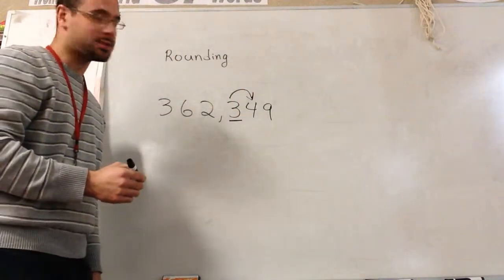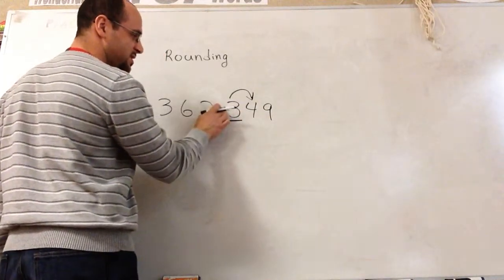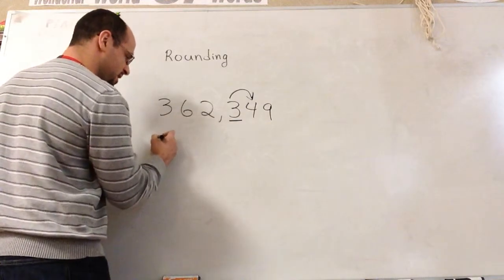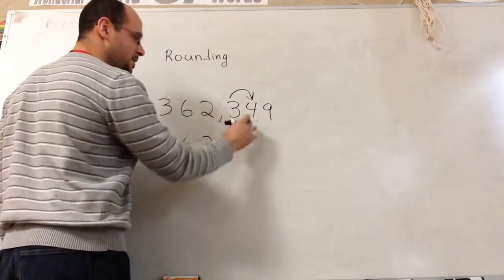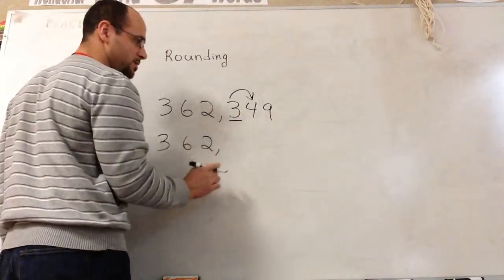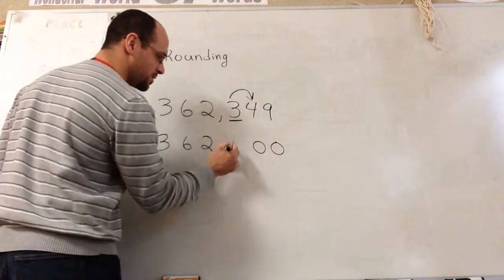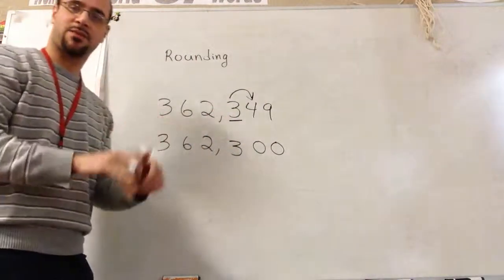See what the rule is. 4 or less, let it rest, which means this is going to stay a 3. So the numbers to the left stay the same, 362. The numbers to the right are going to become zeros. And this digit is going to stay the same because the 4 says 4 or less, let it rest. Good luck.